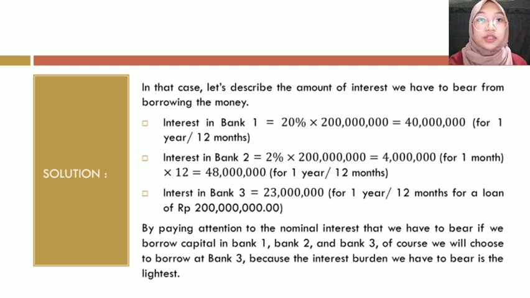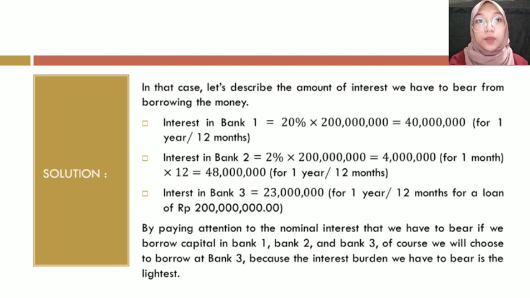Interest in bank number 2 is 2% multiplied by 200 million is 4 million for 1 month, and then multiplied by 12 is 48 million for 1 year or 12 months.